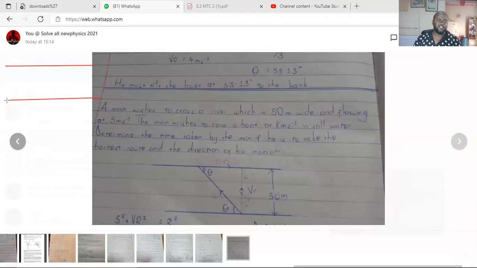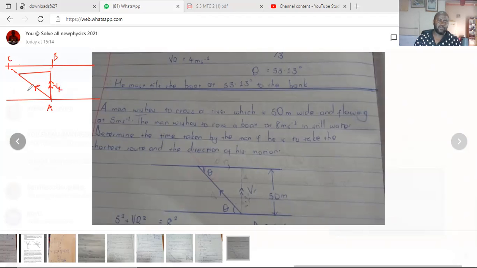So we have said for shortest route, the destination is directly opposite. Then what do we do? We set the course upstream, then the river current blows us downstream until we reach that point which is directly opposite. In that sense, this is what is going to happen. You start from A, you set the course at C, but then the river blows you to B. So this becomes your line of the resultant, VR.